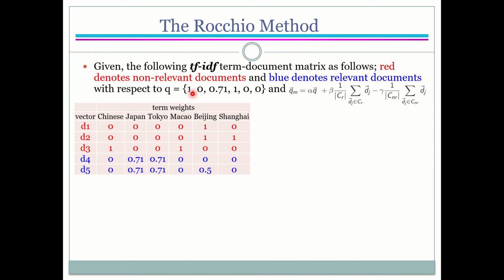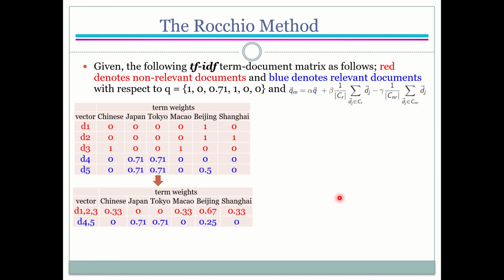All these are the weights with respect to the terms that we have: Chinese, Japan, Tokyo, Macau, Beijing, and Shanghai. If we consider the first part here, we add up all these non-relevant documents and find the average, and we add up all these relevant documents and find the average.